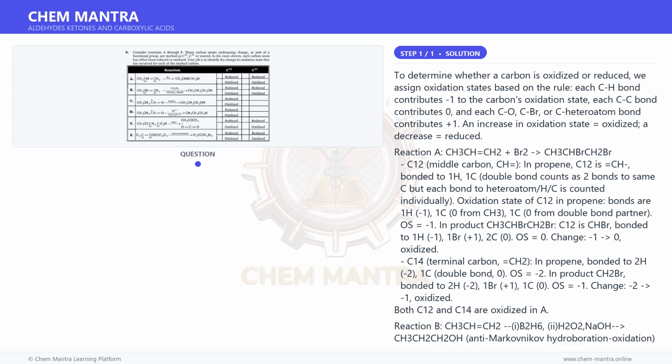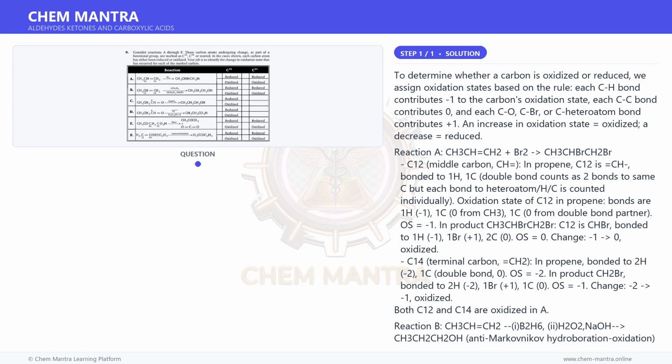Bonds: 1O, +1, 1C equal to C12, 0, 1C, C2H5, 0, no H. OS is equal to +1. Ketone carbonyl C14 has a double bond to O and single bonds to CH3 and C2H5. Bonds: 1 =O, +1 for each bond. Using the oxidation state method, 2 bonds to O is +2, bonds to C is 0. OS is equal to +2.